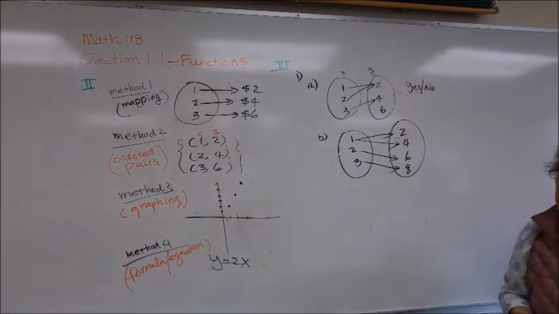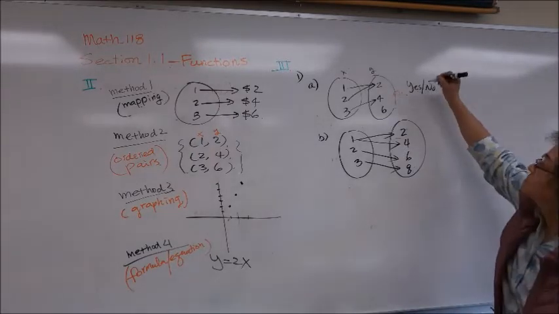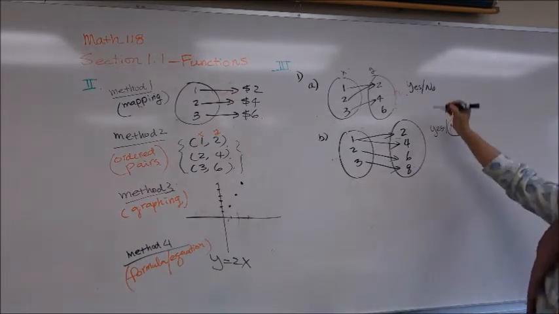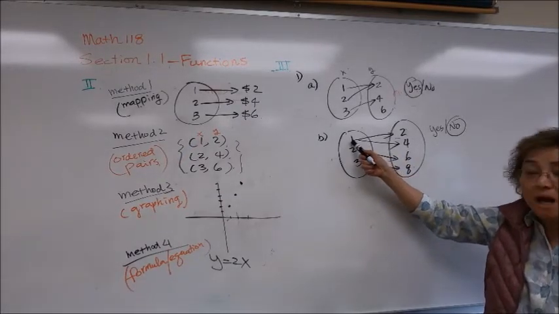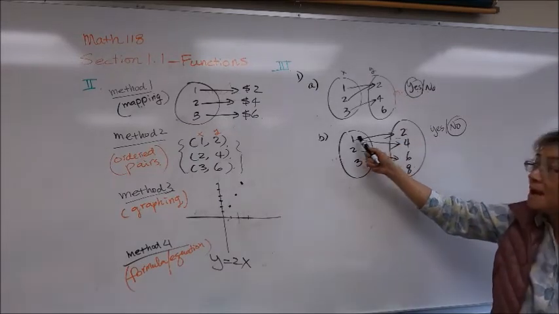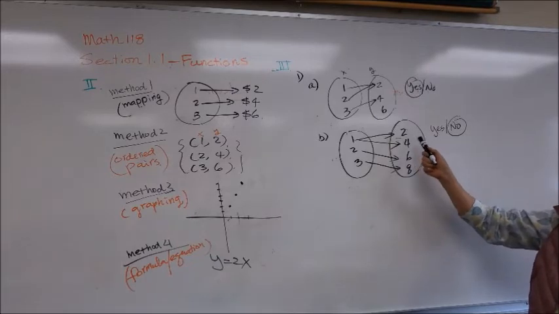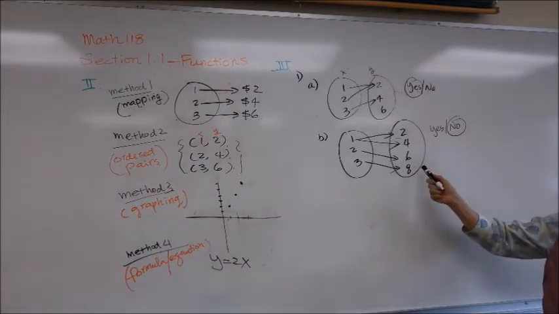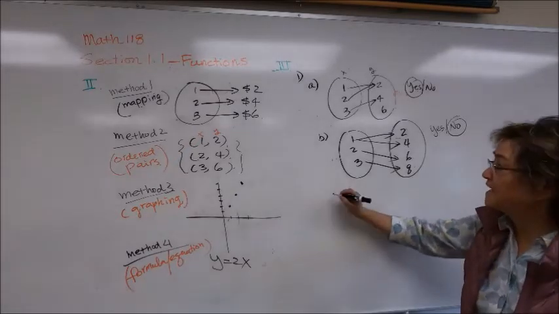How come you have 2 prices? It gets confusing. So, yes or no, what do you think? This one is no. Why doesn't this one work? Because for 1 pound of package, you have 2 prices. So for 1 X, you have 2 Y's, not only 1 Y. That would cause confusion, so it doesn't really work out too well. That's how we identify it.